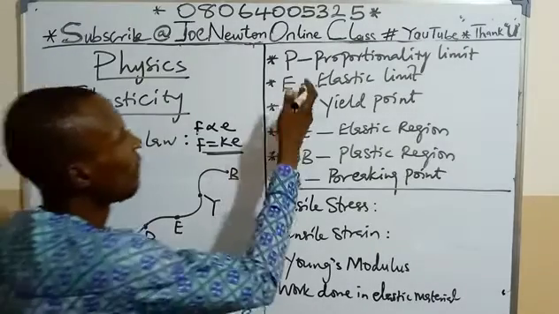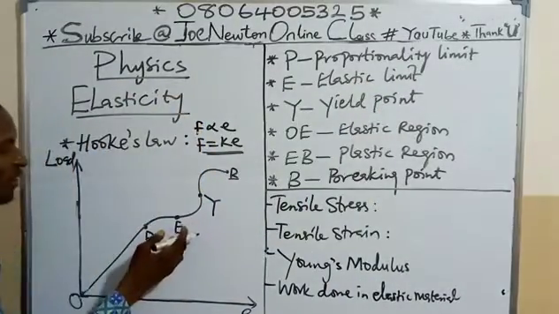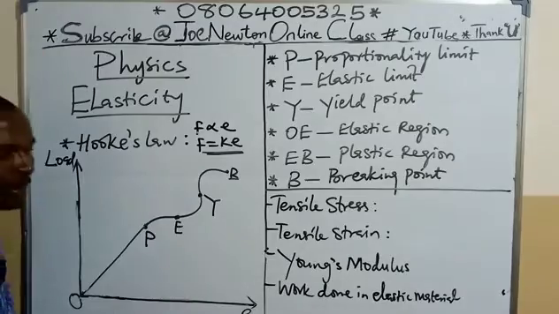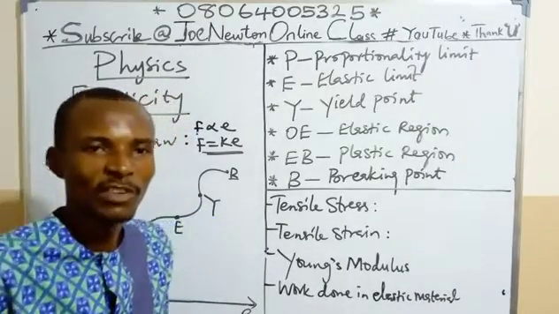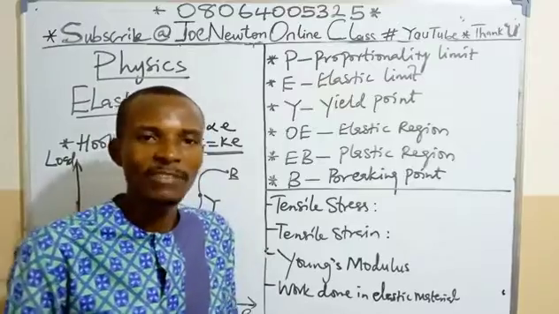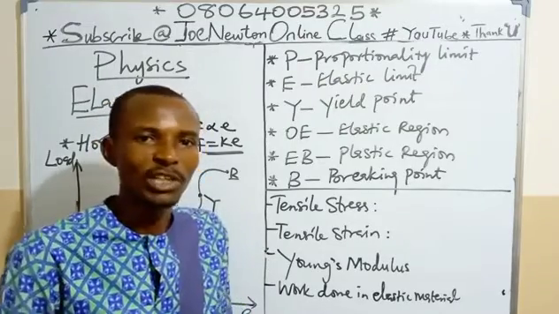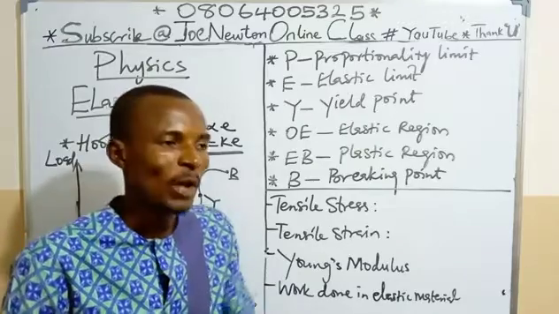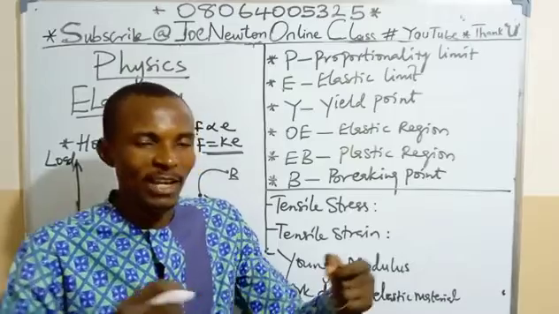Then, the point E on the graph is the elastic limit. And what do you mean by elastic limit of an elastic material? It is the point on the elastic material beyond which the material cannot regain its original shape and size again. So when you stretch a spring, for example, as you apply force, it will be extending.